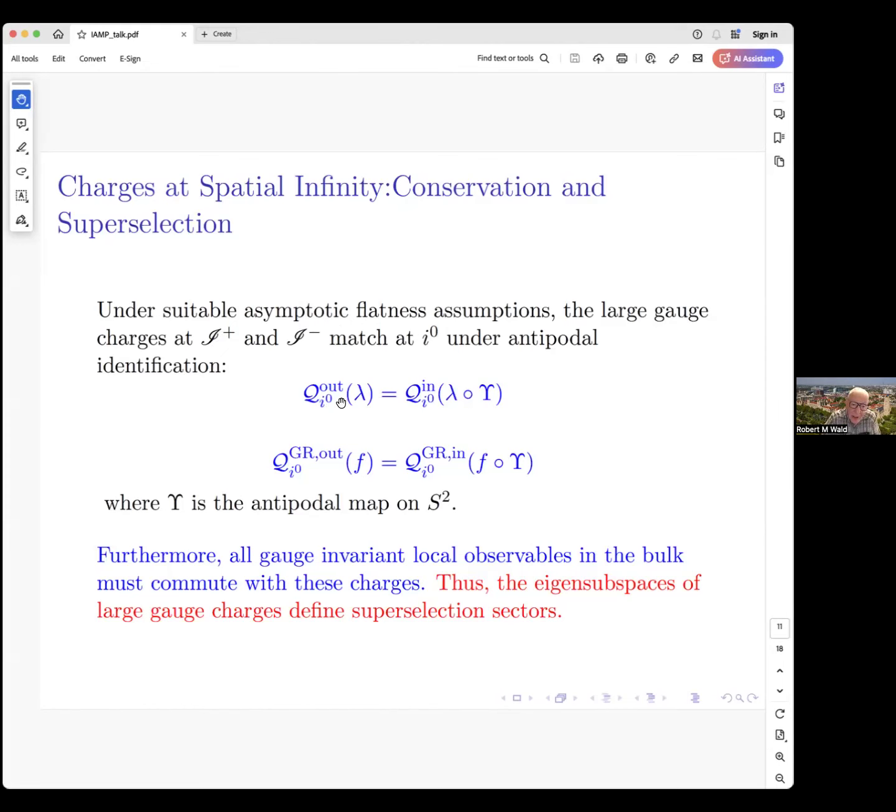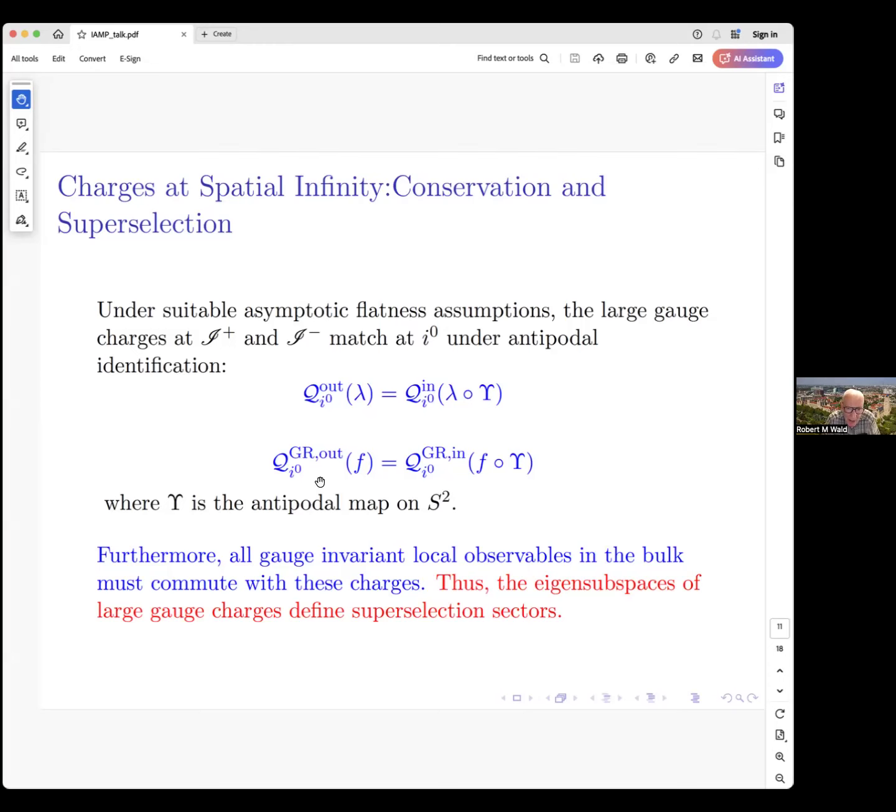There is a matching of these in and out charges, both in the electromagnetic and in the gravitational case.